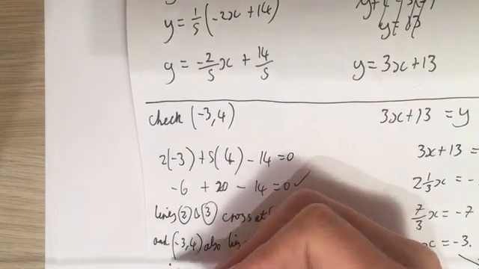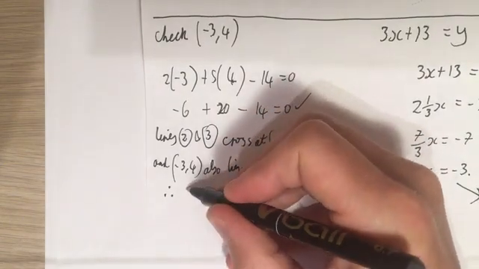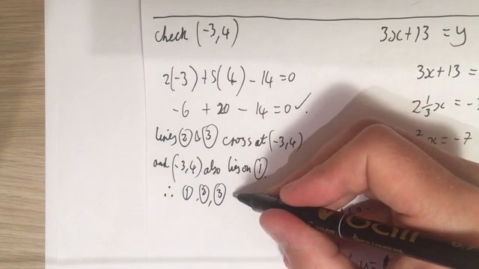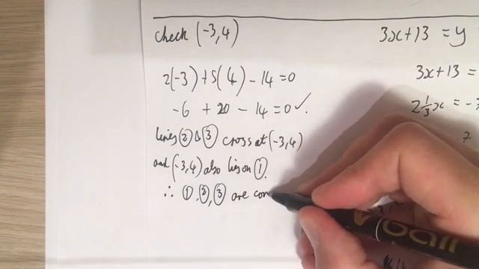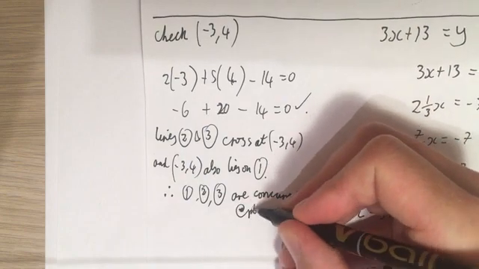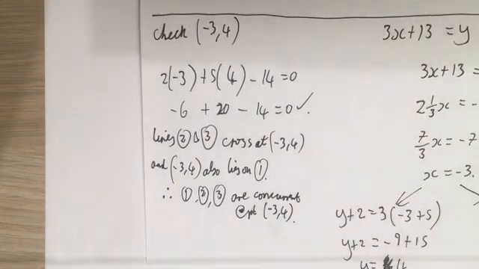Therefore, these 3 dots mean therefore, and it's just a slightly quicker way of writing, therefore, lines 1, 2, and 3 are all concurrent. And you could say, if you wanted, at the point minus 3, 4. Great.